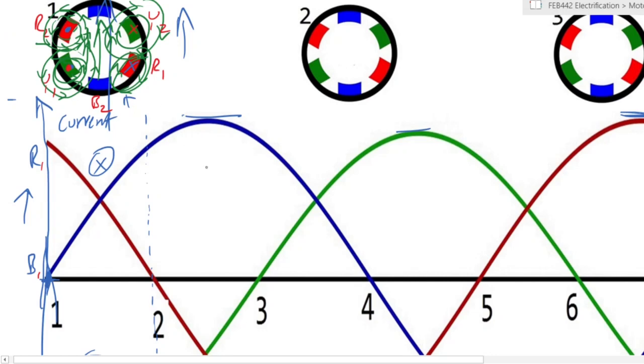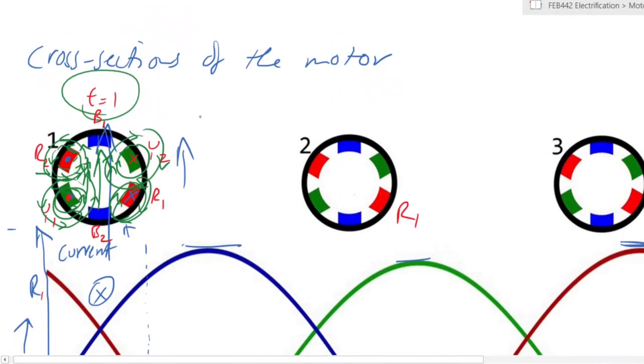Previously, R1, let's indicate them here. So they are the same cross sections, R1, B1, Y1, and R2, B2, and Y2. Same cross section, just a different instant in time. So this is time t equals 2, right?